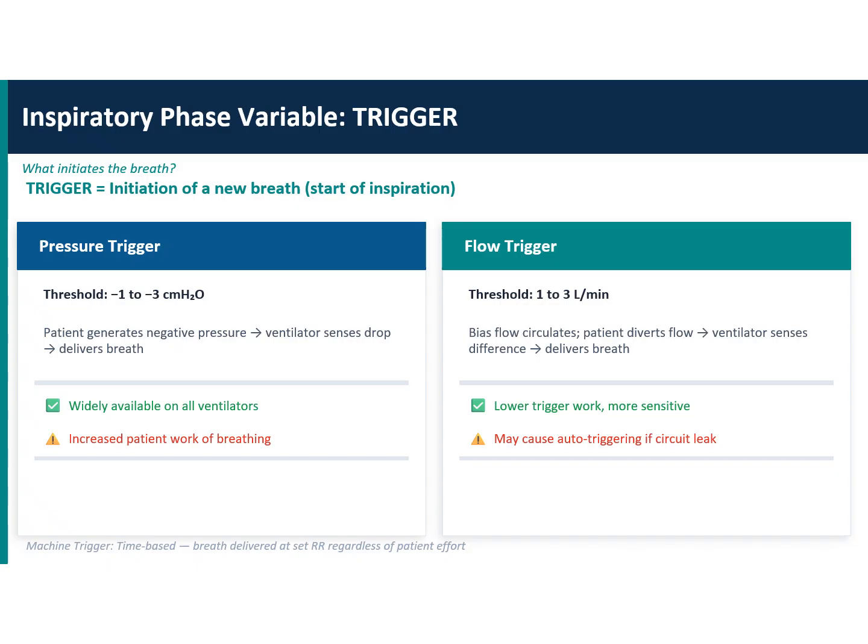If this is the pressure generated by the patient, or this is the volume the patient is sucking in, the ventilator is going to deliver a breath. If you keep a trigger very low, even small changes in the circuit or a small leak can keep triggering the patient. This can lead to auto triggering.